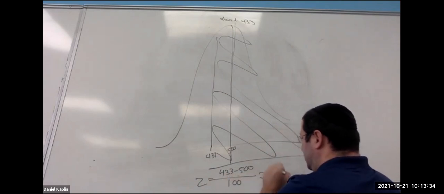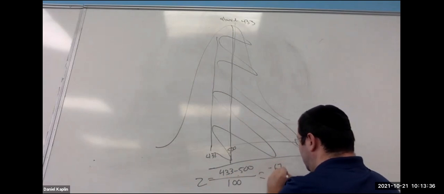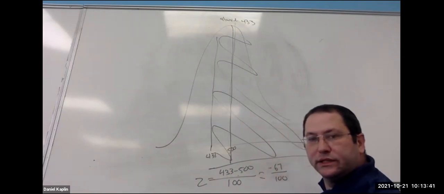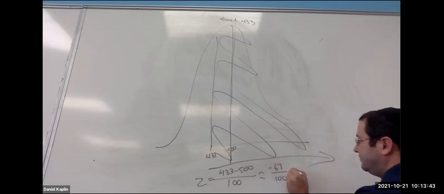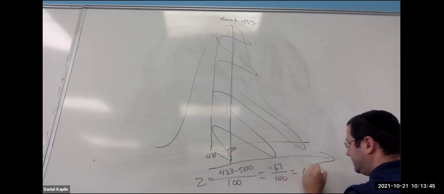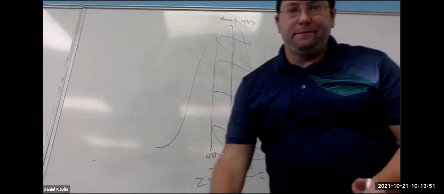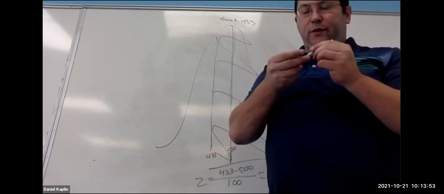So we get 67 over 100, right? Which gives me 0.67 in the negative, right? So I need to calculate a z-score that is 0.67 in the negative.